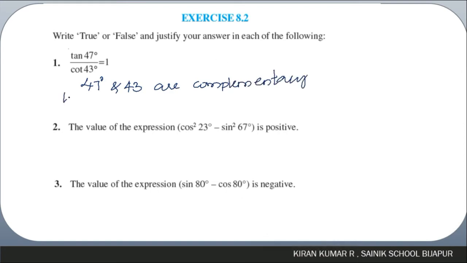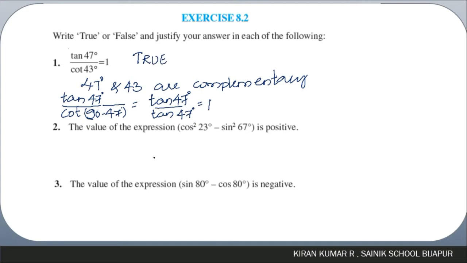So tan of 47 degree upon, instead of cot 43, I can mention cot of 90 minus 47. It holds true for 90 minus 47, which is 43. So we get the result as tan 47 upon tan 47, which will be equal to 1. So the given statement is a true statement.